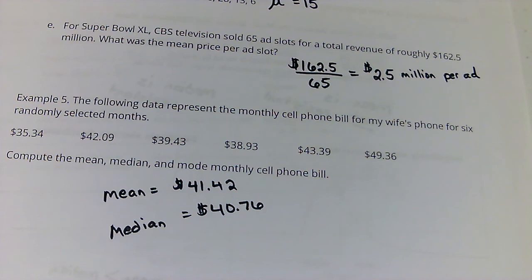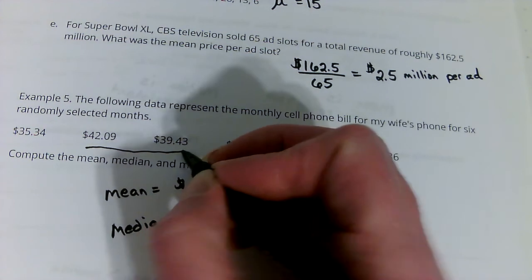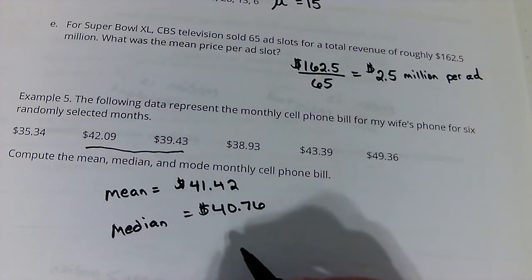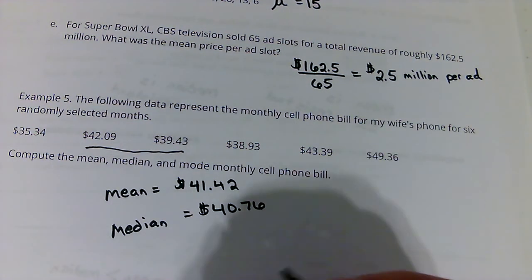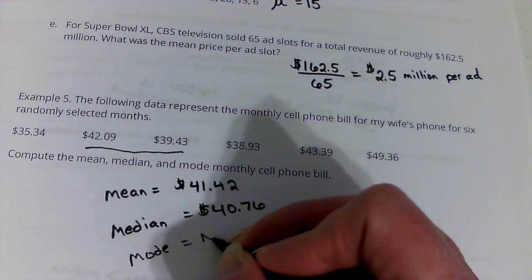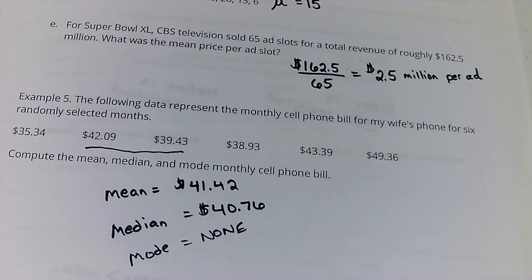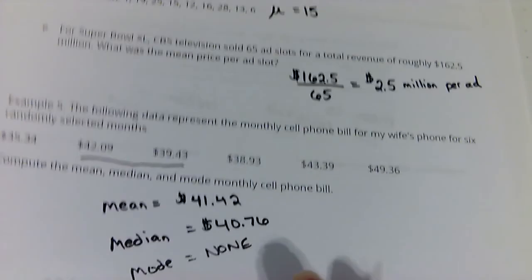Okay, so I went ahead and calculated the mean, added all 6 up and divided by 6, and I calculated the median. If you put them in order, the 2 middle ones would be these 2, and this is the average of those 2. Is there a mode? None. There is not a single number that appears more than once.